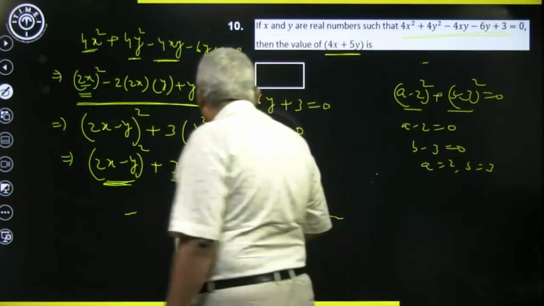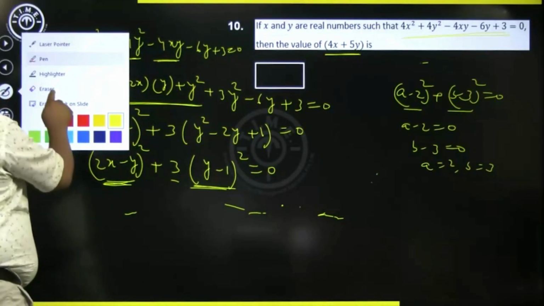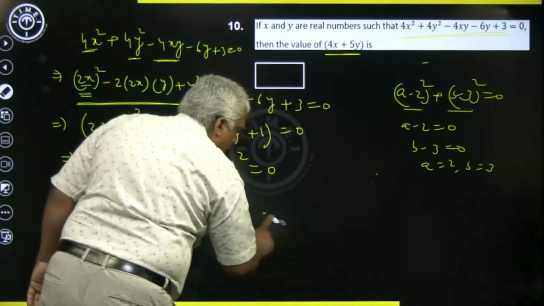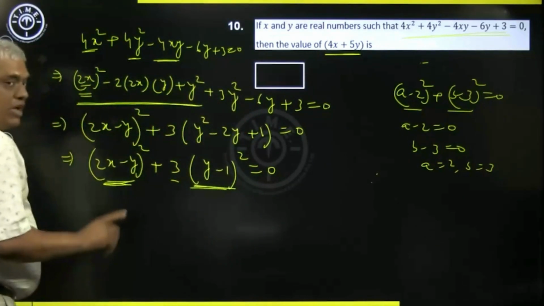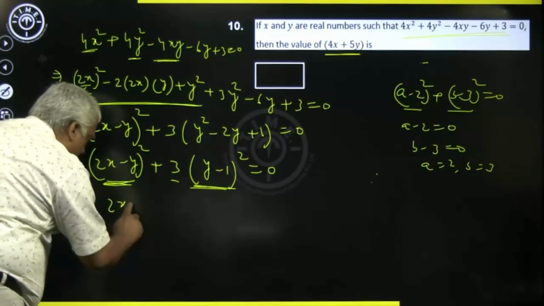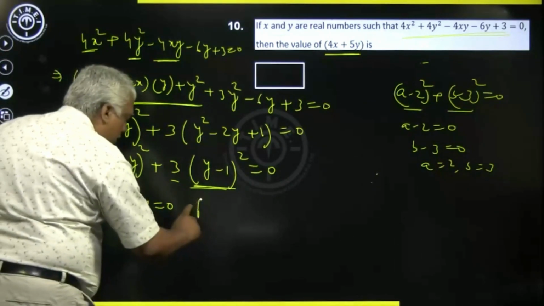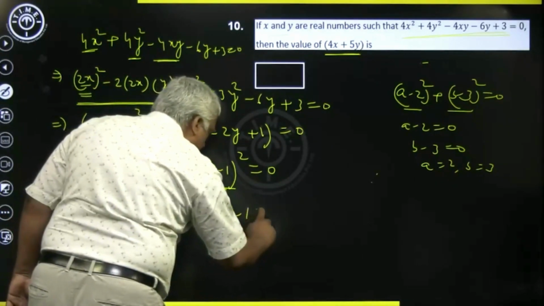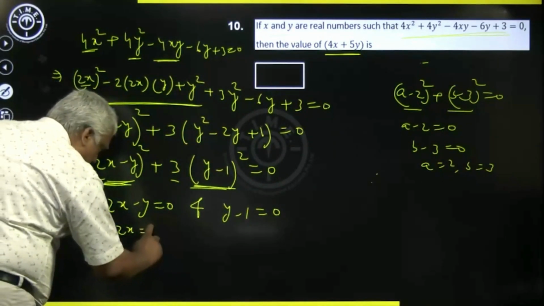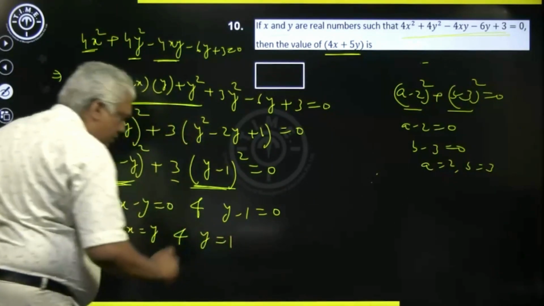So both are 0, that is 2x − y and y − 1 both will be 0. So, 2x − y = 0 and y − 1 = 0, or 2x = y and y = 1.